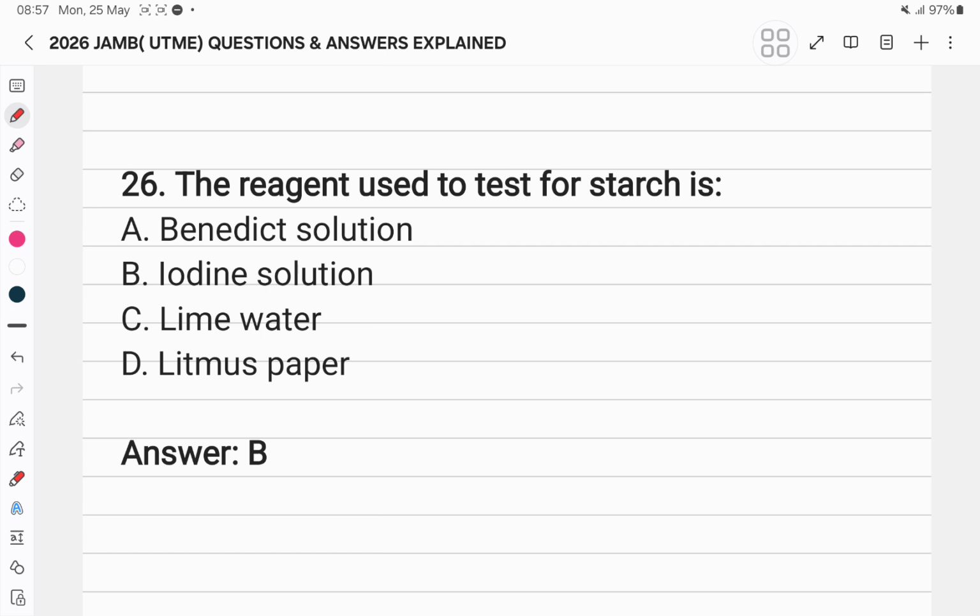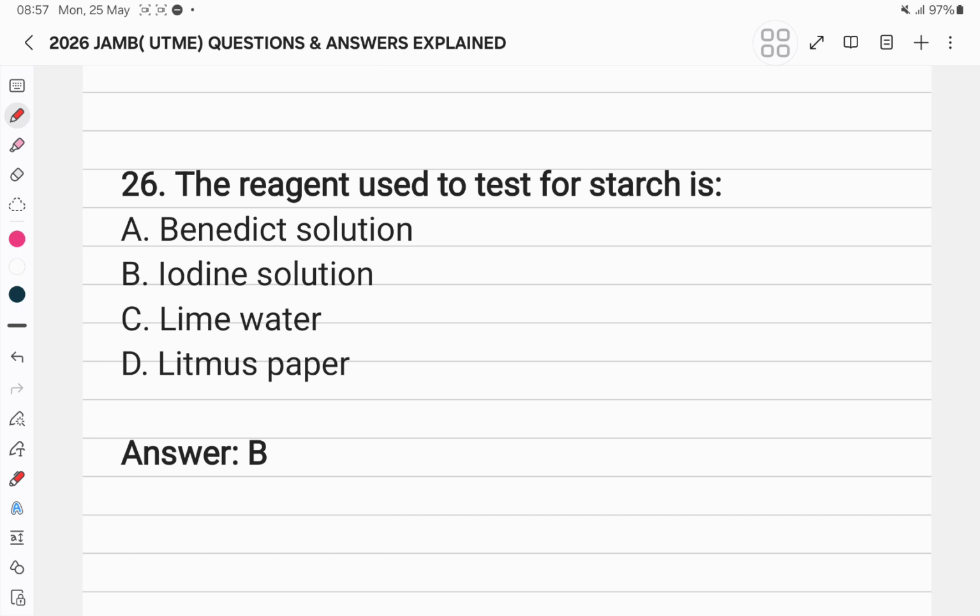Benedict solution is used to test for the presence of glucose, a reducing sugar. Or sometimes we can use Fehling solution. So Benedict or Fehling solutions are both used to test for the presence of glucose or reducing sugar in a substance in the presence of heat.